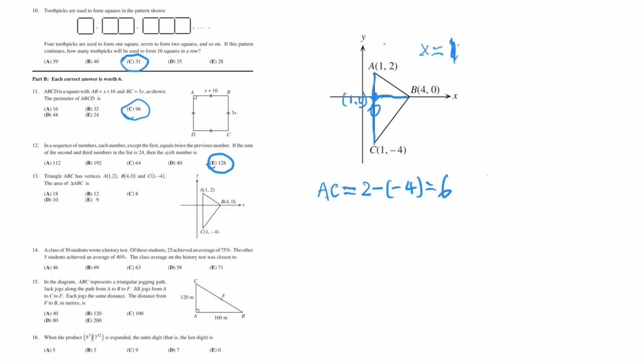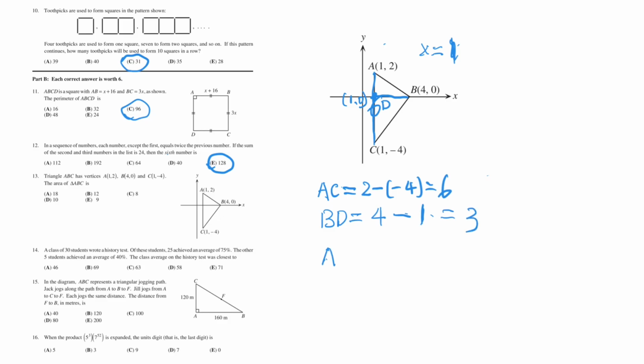If I label this point D, then BD, the height, equals x2 minus x1, 4 minus 1, which equals 3.